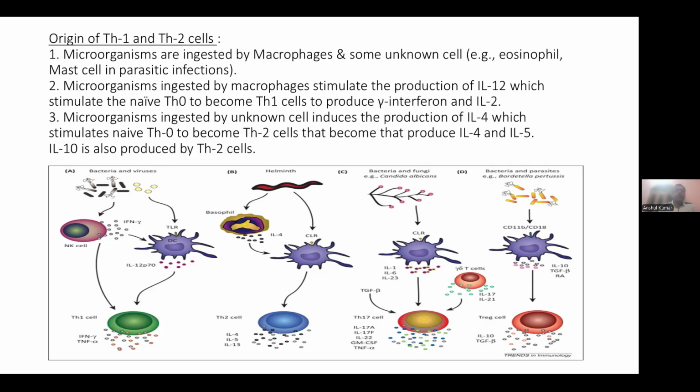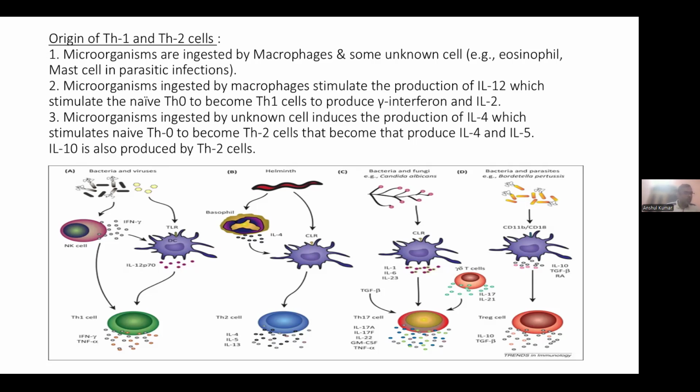And microorganisms ingested by an unknown cell induce the production of interleukin 4, which stimulates naive Th0 to become T helper 2 cells that produce interleukin 4 and interleukin 5. Interleukin 10 is also produced by T helper 2 cells.